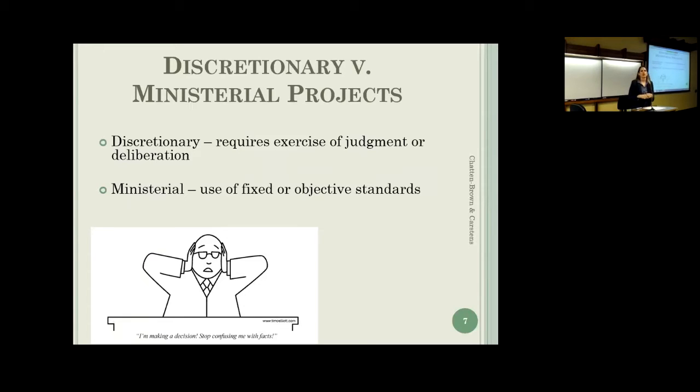It's not just a checklist of, do they meet the building code? Do they have a certain setback? It's much more subjective than that. Whereas a ministerial project just uses fixed objective standards.